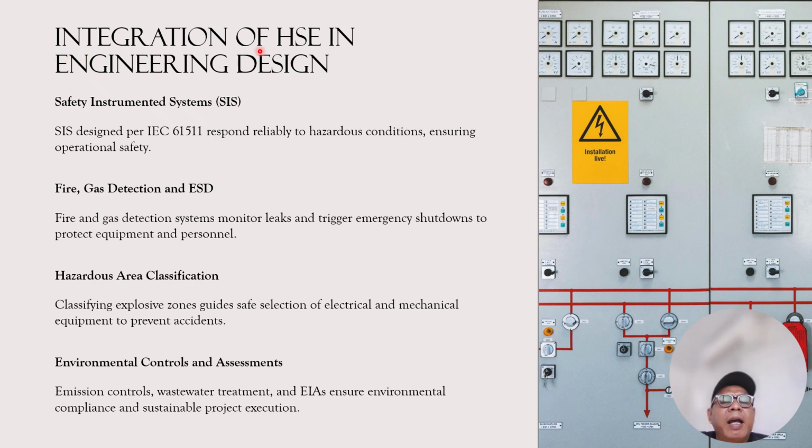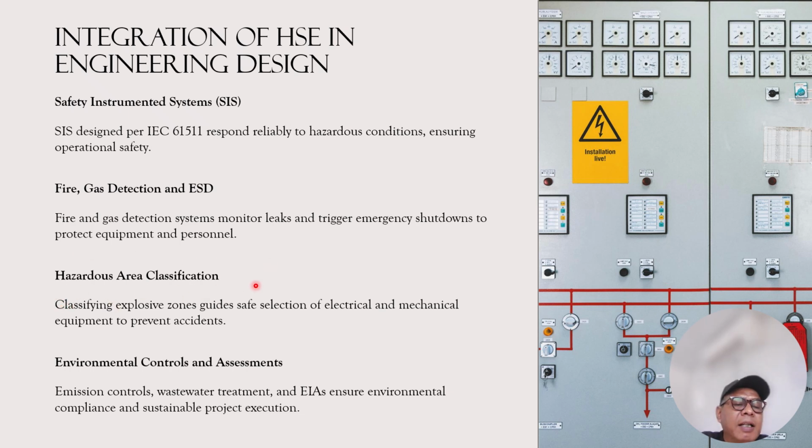Integration of HSE in the engineering design. Safety Instrumented System, SIS: SIS is designed per IEC 61511 to respond reliably to hazardous conditions, ensuring safe operation. Gas and fire detection and ESD: the fire and gas detection system monitors leaks and triggers emergency shutdown to protect equipment and personnel.